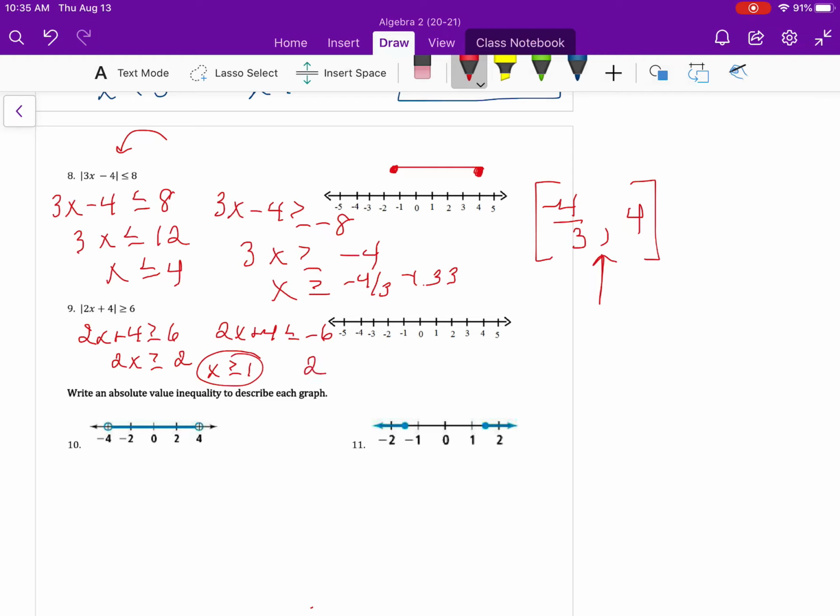So x is greater than or equal to 1. Subtract 4, so 2x is less than or equal to -10. So x is less than or equal to -5. So this is going to be an or: it's greater than or equal to 1, or less than or equal to -5.